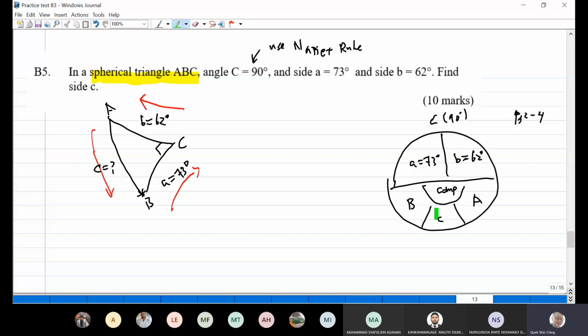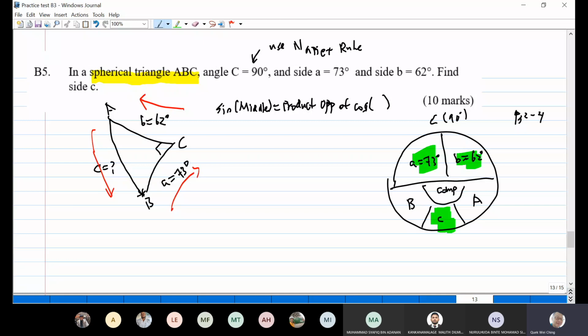So Napier's rule says: write down the sine of the middle part is the product of the cosine of the opposite parts.